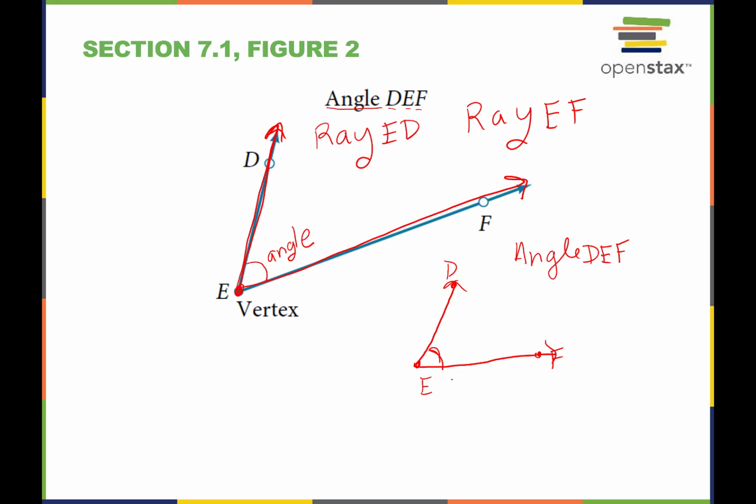Now, if I wrote it in another way, let's say here's the point E, here's the point D, here's the point F, and I wrote it as angle DFE. That's going to be different than angle DEF, because I'm going to start with D, and say DFE. So that's going to be this angle here. So this center letter, however you label it, is going to be where the two rays come together for your vertex.